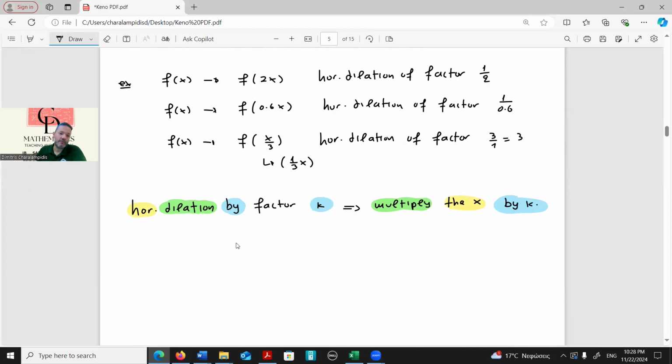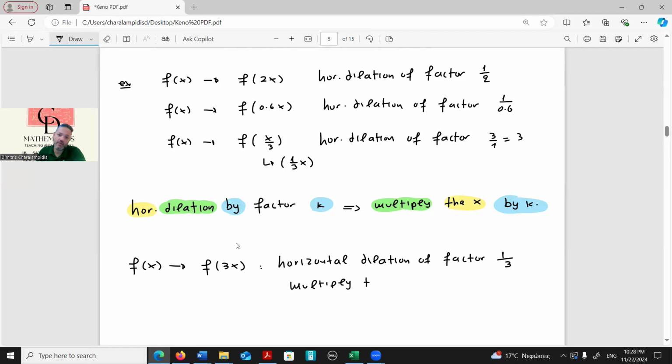For instance, from f of x, we move to f of 3x. This describes as horizontal dilation of factor 1/3. This means multiply the x by 1/3.